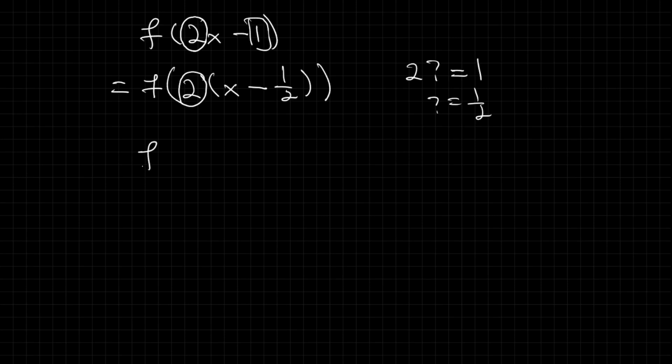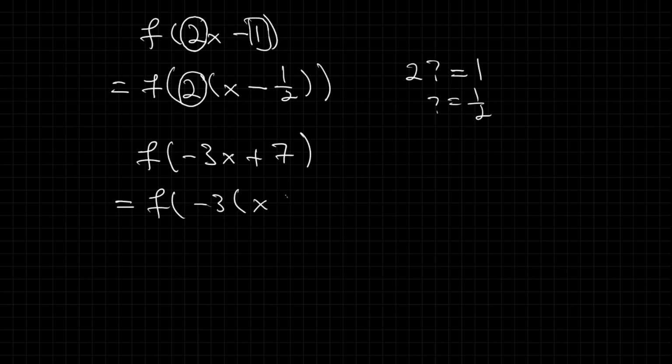Another example of this, what if you had f of negative 3x plus 7? We want our horizontal compression and reflection to multiply the shift as well. So we'll go ahead and factor out this negative 3.